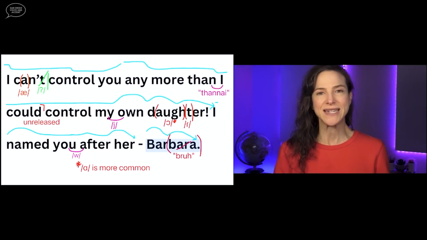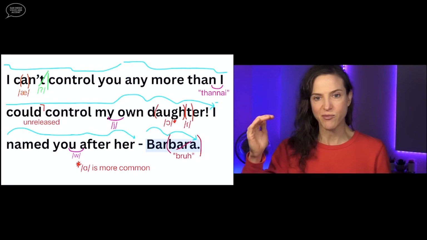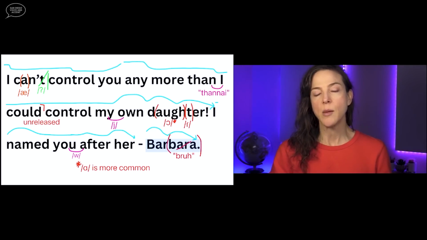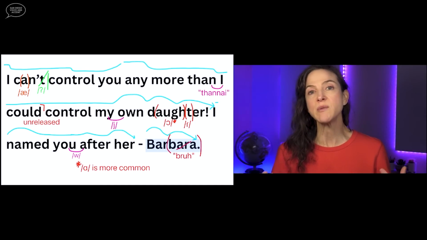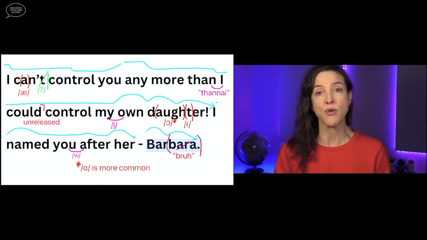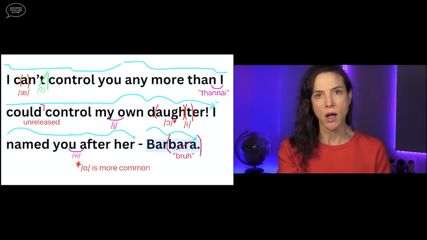So at some point in time, these unstressed vowels have been dropped from the pronunciation, but the spelling was maintained. And Barbara is one of those names. Most people will pronounce their name, if they're Barbara, as bar-bra, even though that's how it's spelled.